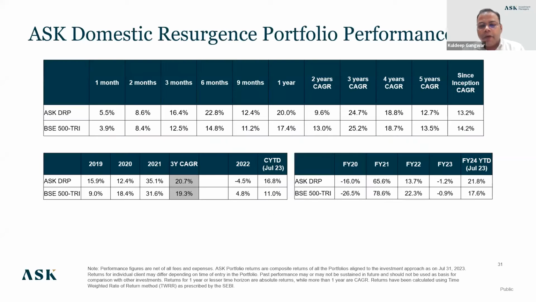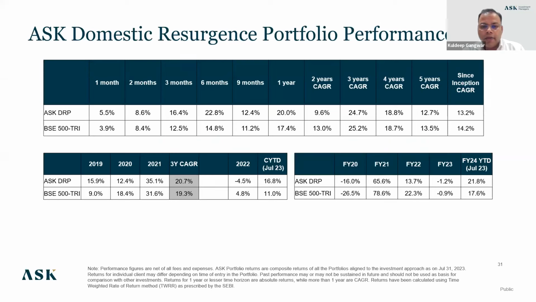This is the performance snapshot for the DRP portfolio. For CY19 to 2021, the portfolio was delivering close to 21% CAGR, with 19% CAGR for BSE 500 TRI. CY22 was a difficult year, but many of those shortfalls have been largely covered by now.